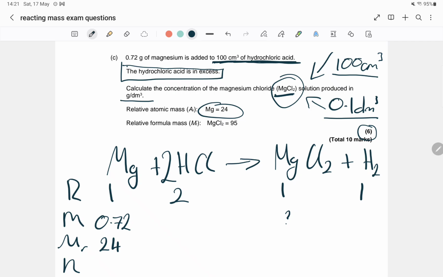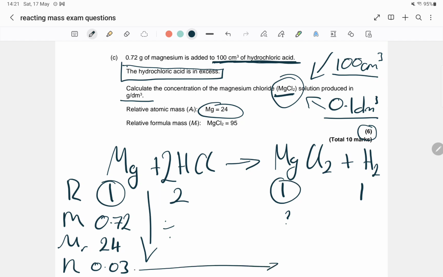As you go down the table, you are going to divide. So I have 0.72 divided by 24, which is 0.03 moles. Because I've got a ratio of 1 to 1, therefore when I move this number across, it's going to be exactly the same anyway, 0.03 moles.